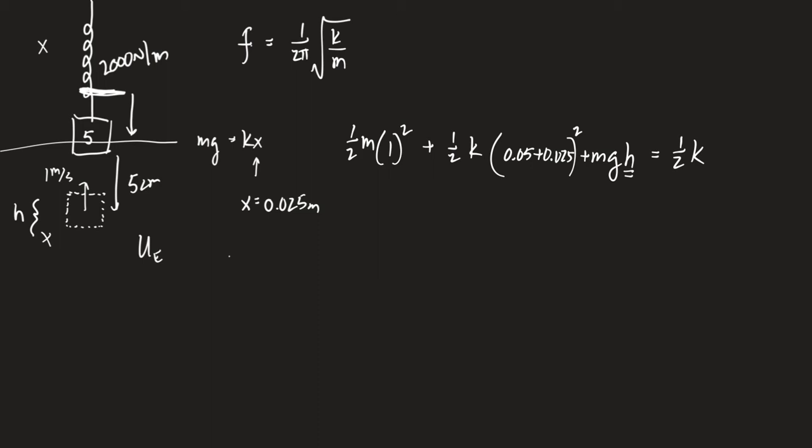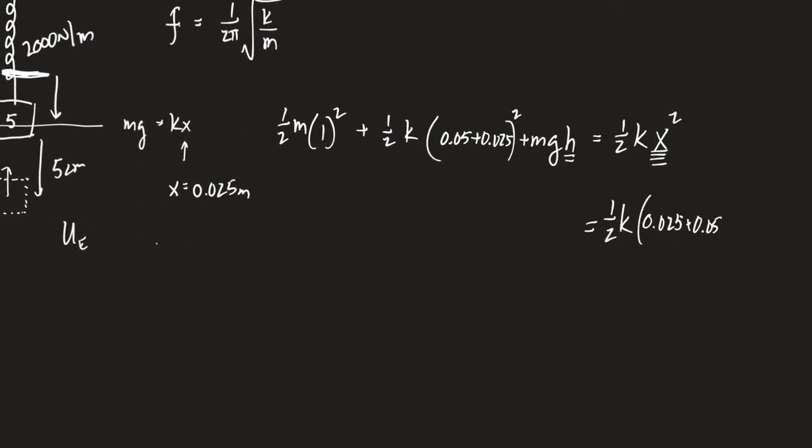We do know that this number here is the fully extended spring. So that's got to be 1/2 k times 0.025 plus 0.05. I'm out of space. Plus h.